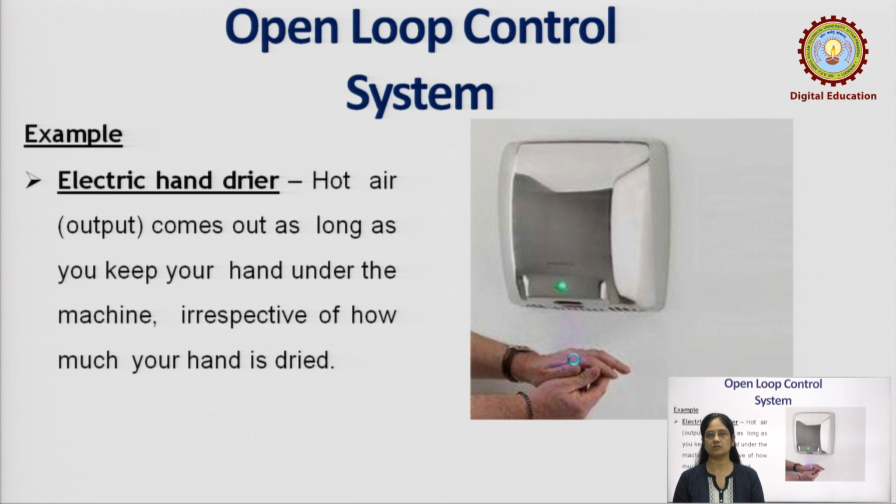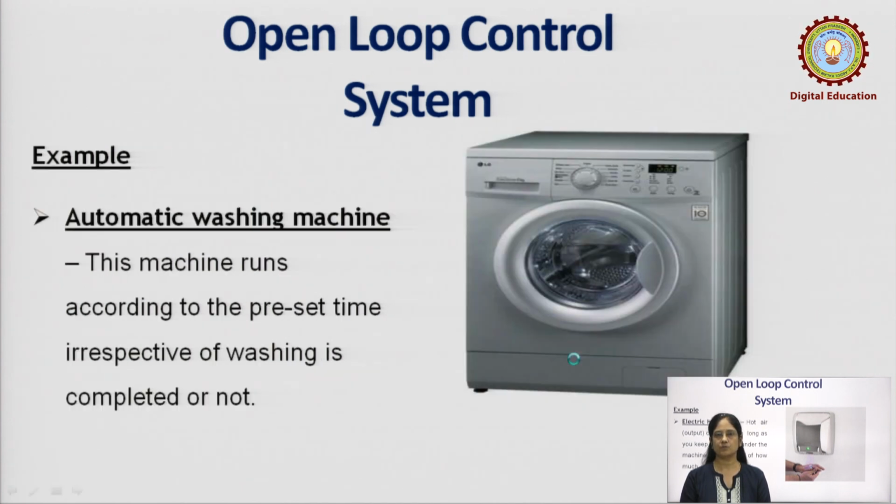Once the hand is below the blower, it blows dry air, and irrespective of whether your hand is totally dried or not, as long as your hand is below the dryer, it will continue. Such is the open loop control system example.